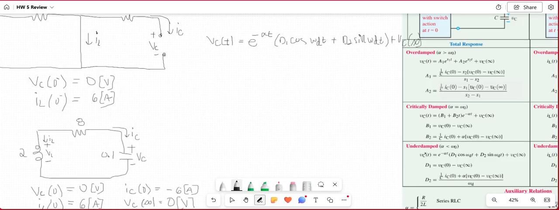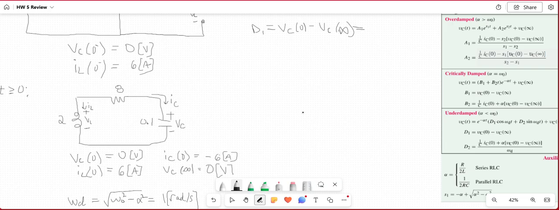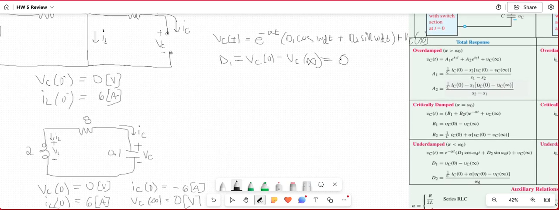Okay, so now we need to find D1 and D2. D1 equals VC of 0 minus VC of infinity. VC of 0 is 0 and VC of infinity is 0, so that's just going to be 0.